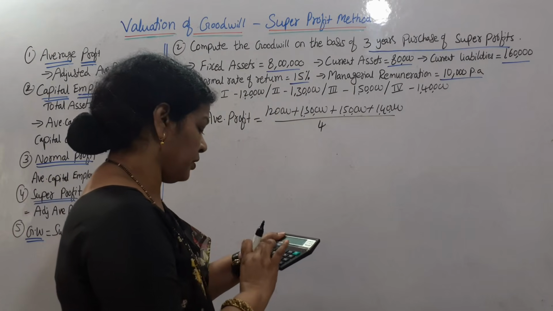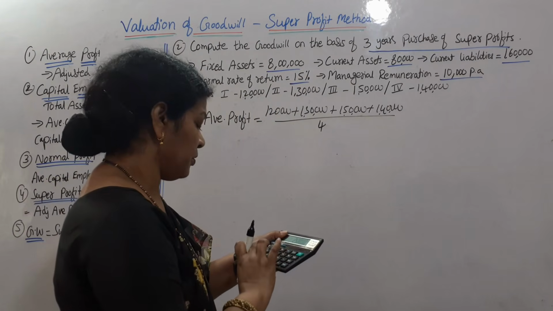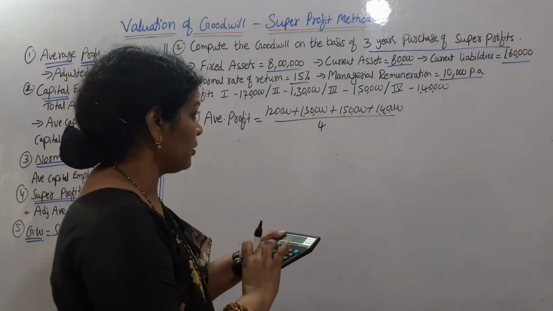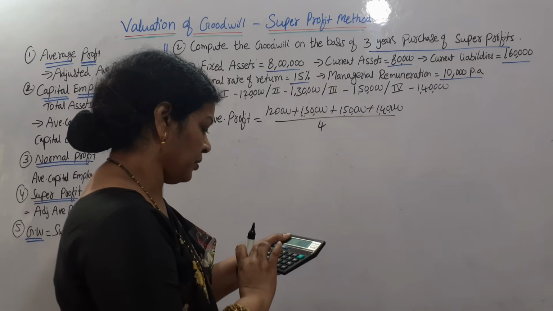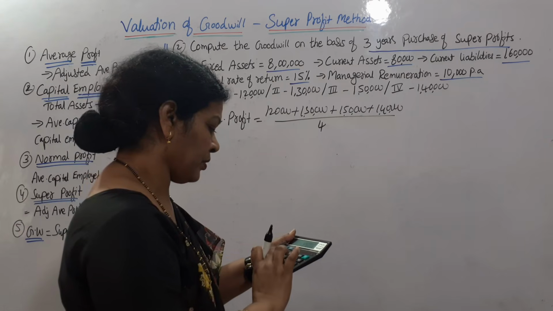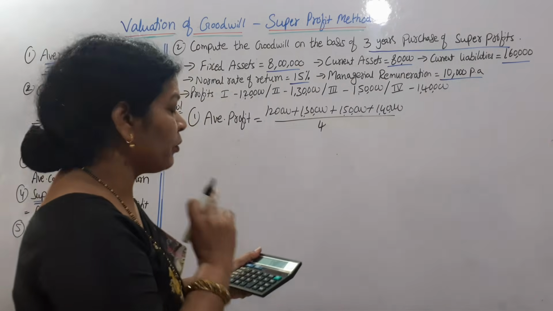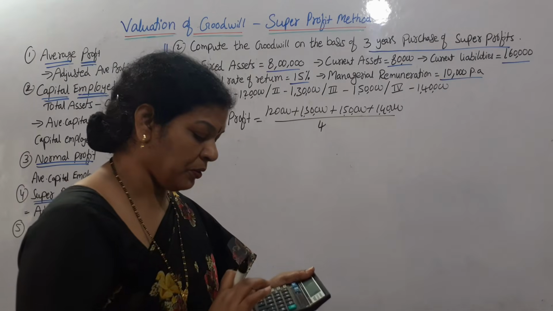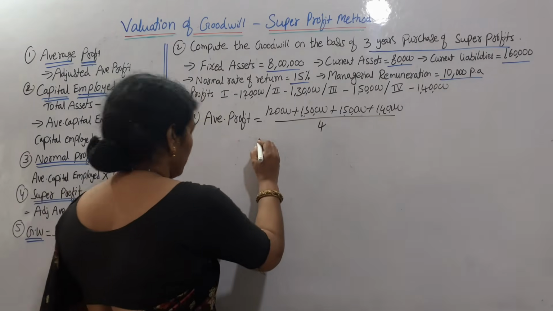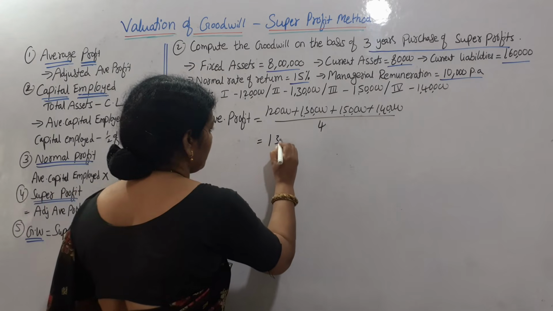It's 5,40,000. 5,40,000 divided by 4. Directly I am doing, you can take one more step also. So you will be getting 1,35,000.